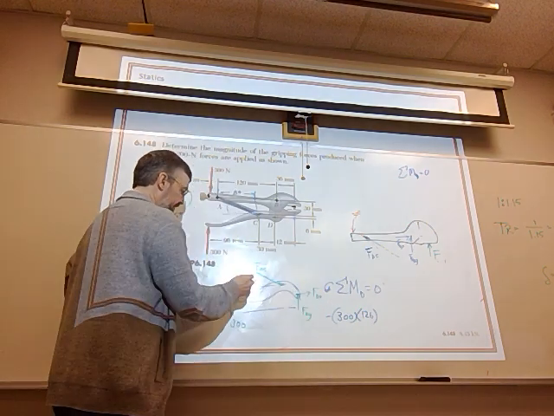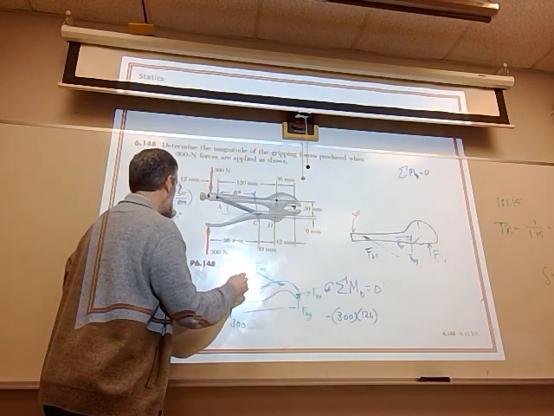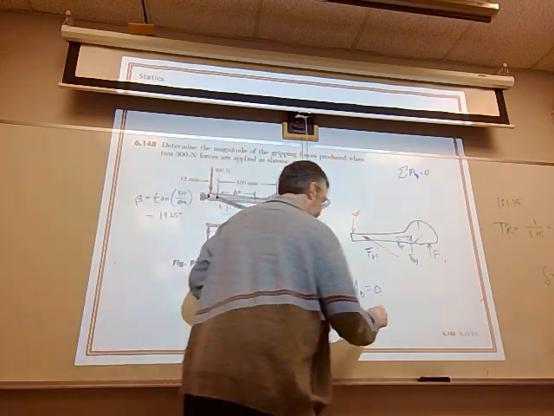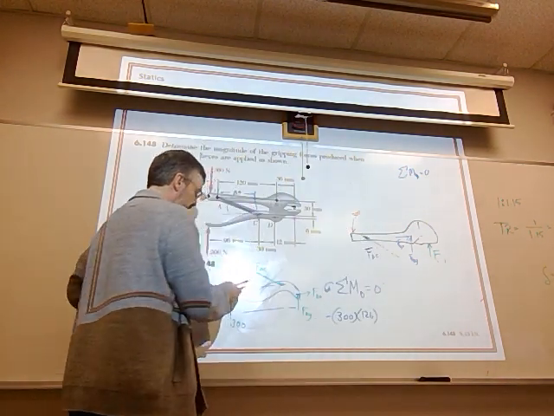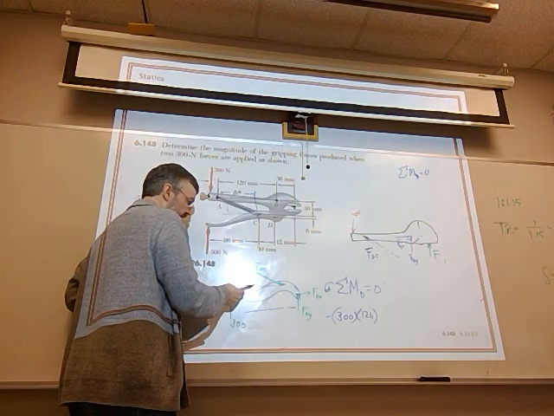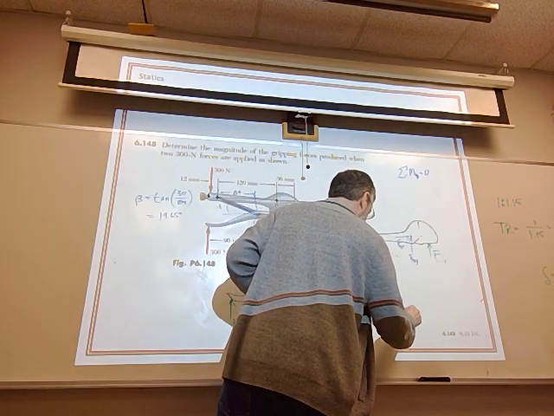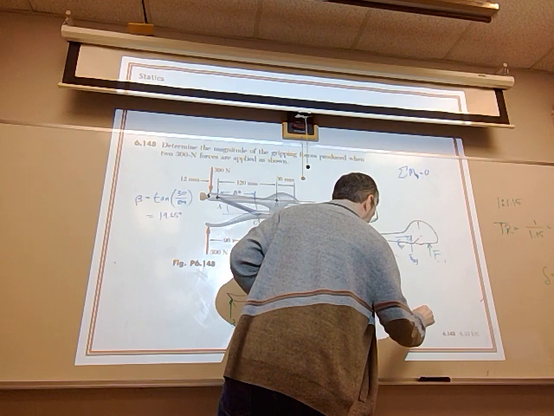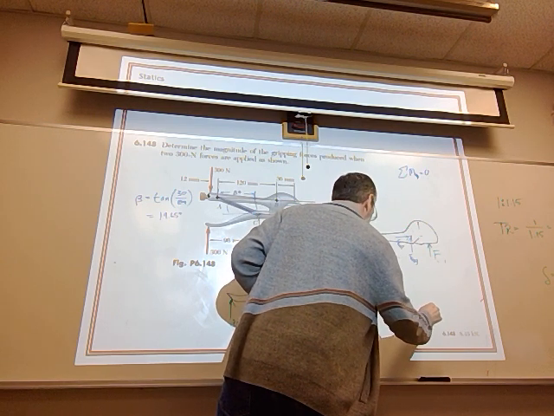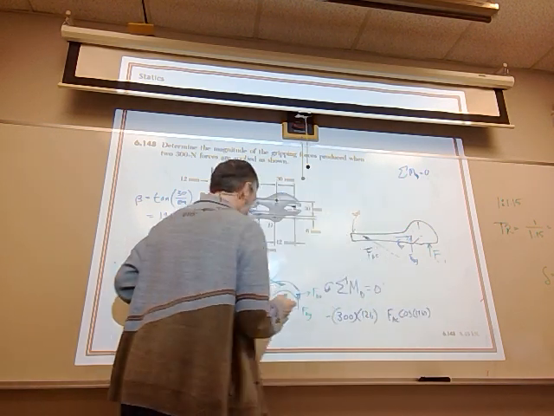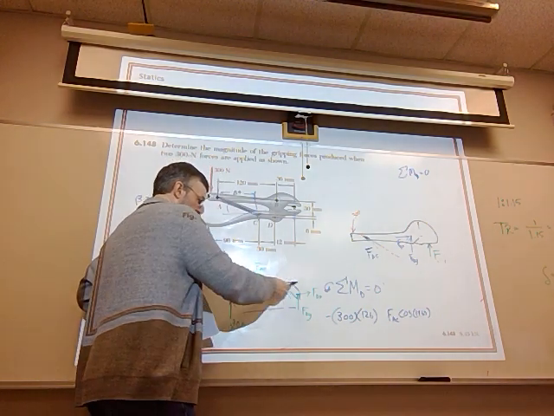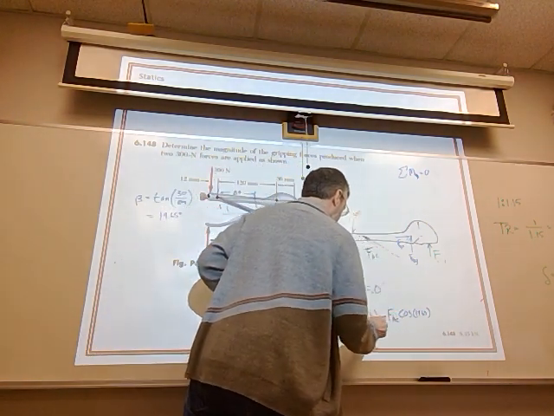And so we know that this is going to be the 19.65, so we say let's just do the cosine first, so we go FAC times the cosine of 19.65, right? And that's going to be clockwise, so he too is negative.